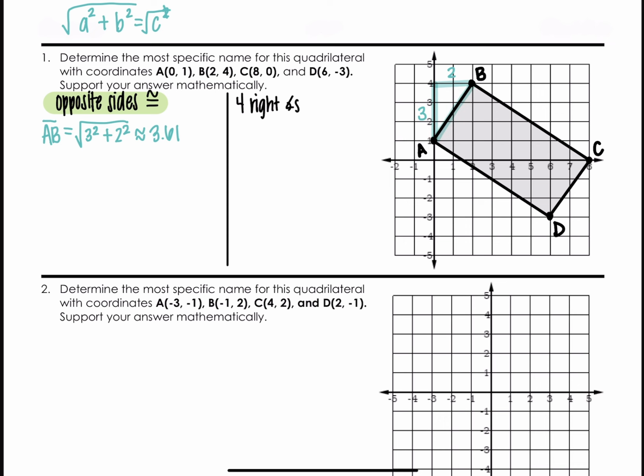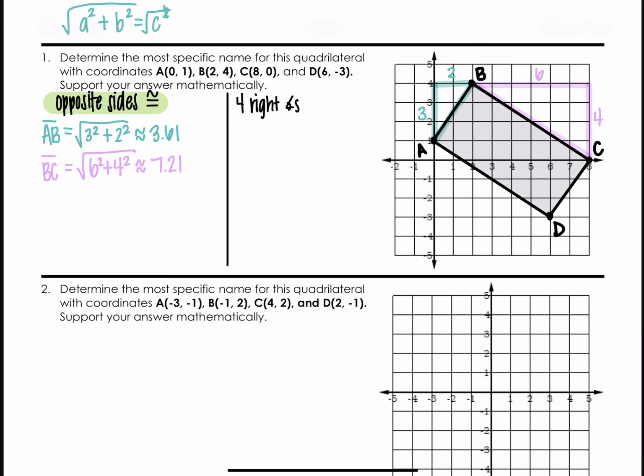I'm going to do that for each of my other sides. So now I'm going to find the length of BC by boxing it in, making that my hypotenuse. This is 6 units wide and 4 units tall. So the square root of 6 squared plus 4 squared is about 7.21.